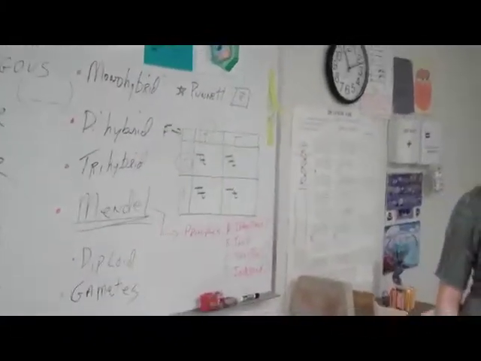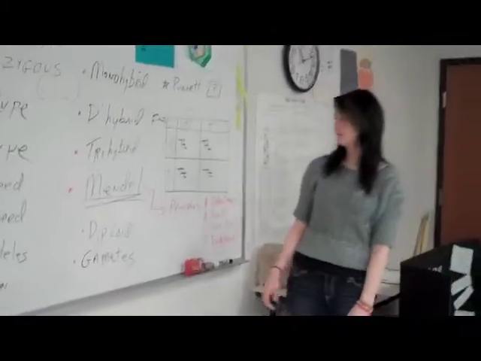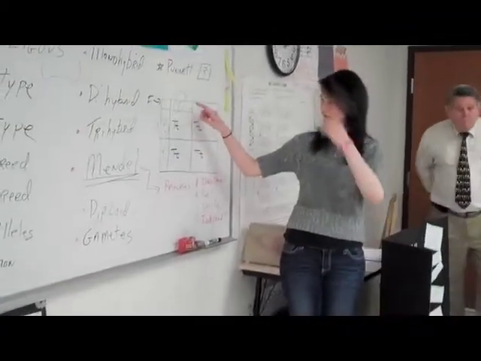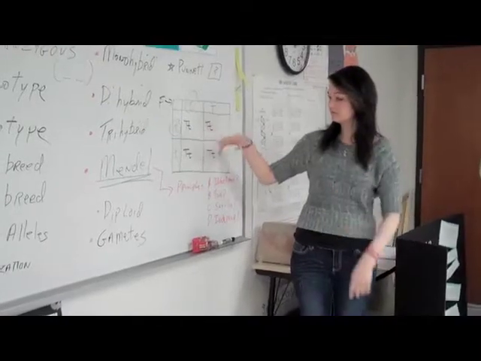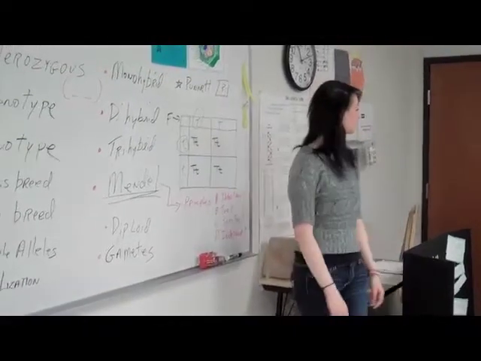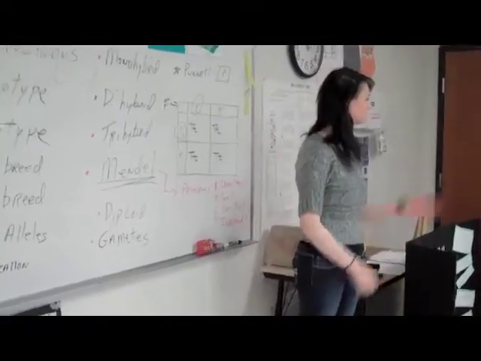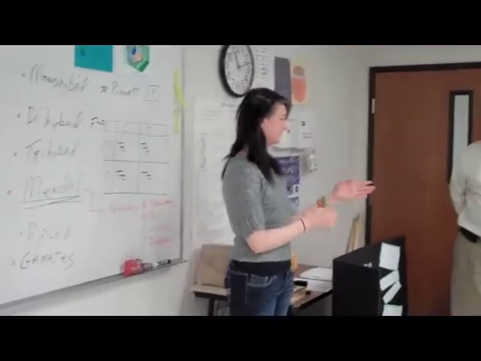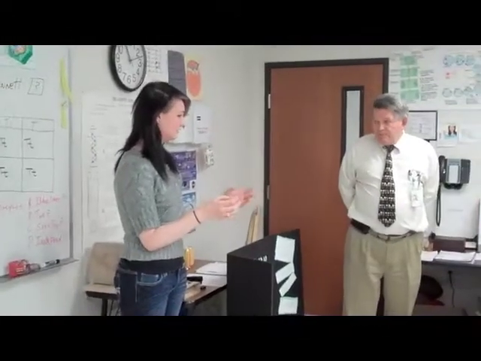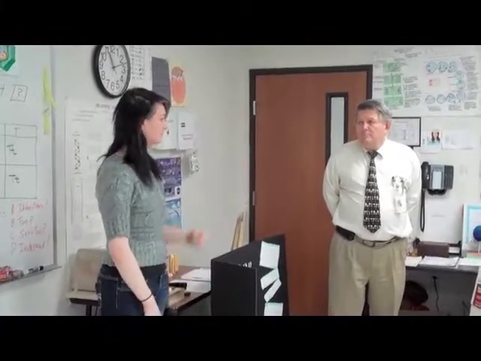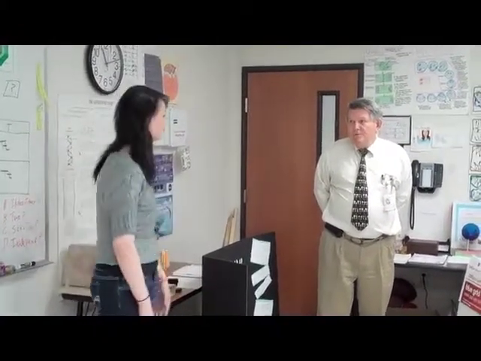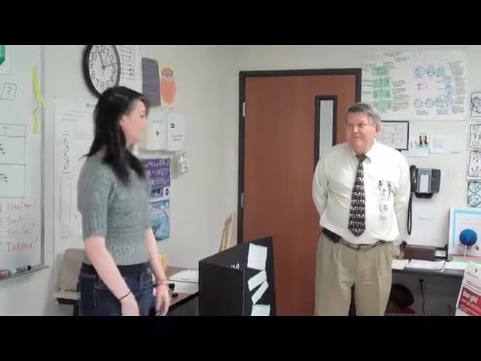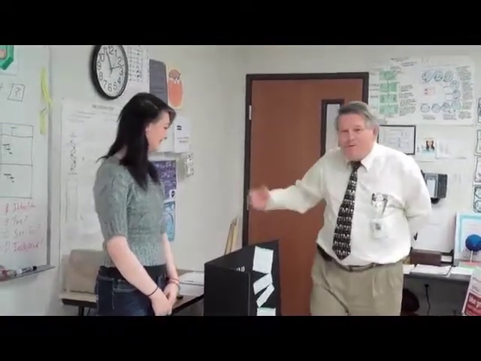Explain to us what you did. Well, I matched up the father with the mother. I don't know how to explain it though. I just know that the dominant trait goes first before the recessive. You just explained it. Thank you, good.